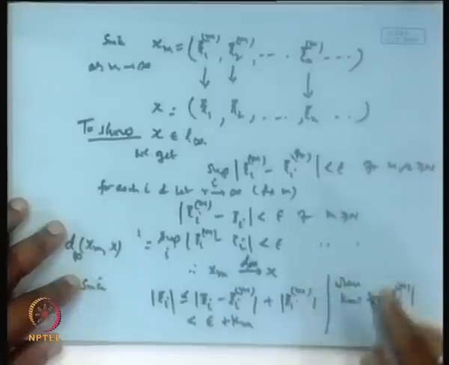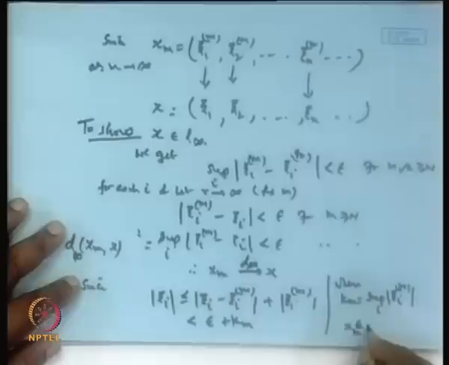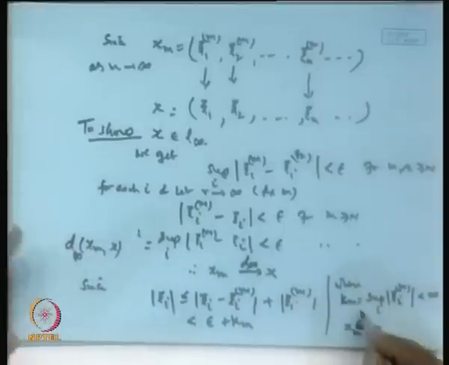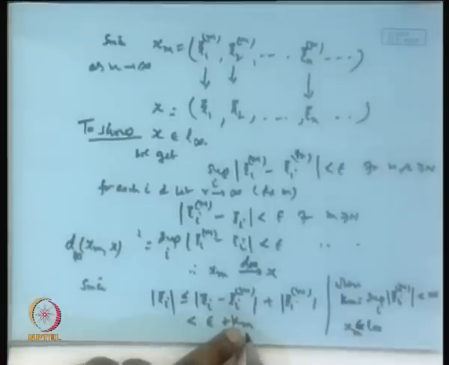Because x_m belongs to L infinity, this must be finite. So once this is finite, we can say that each term of this will remain less than or equal to k depending on m, k suffix m. So this is constant, this is also constant, and it is independent of i.